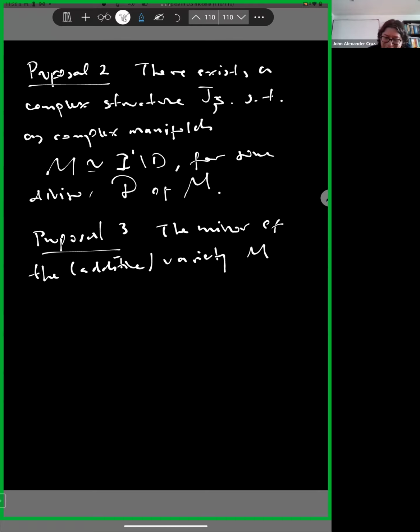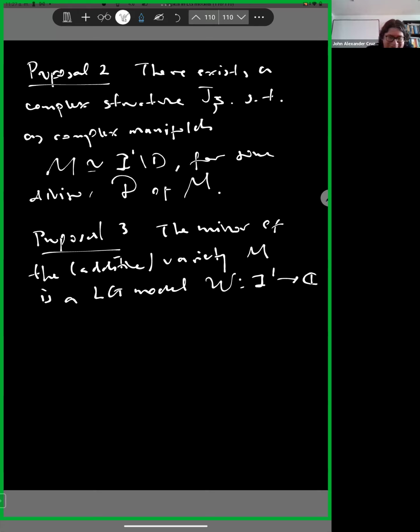So the mirror is a Landau-Ginzburg model, W from this A prime to C, this I prime, because it's the one we get in proposal two. So proposal two is kind of the analog of the Gammage, McBreen and Webster conjecture, and proposal three should be the analog of the theorem of Lau and Chan.